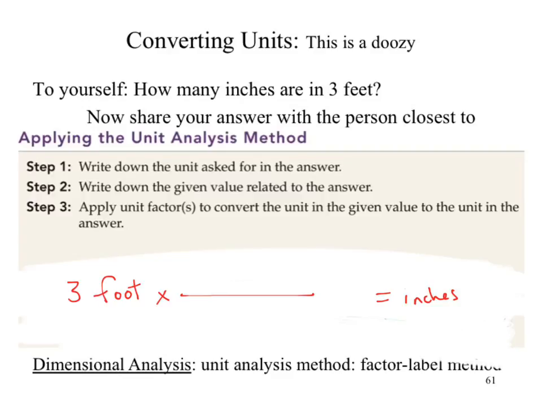Good point, I didn't say answer or question. In my answer, the unit is inches in the numerator. Is inches in my numerator yet? No. So minimally, what has to show up in that random box? I have to have inches, and it had better show up in the numerator. Why the numerator? Because that's where it is in the answer.